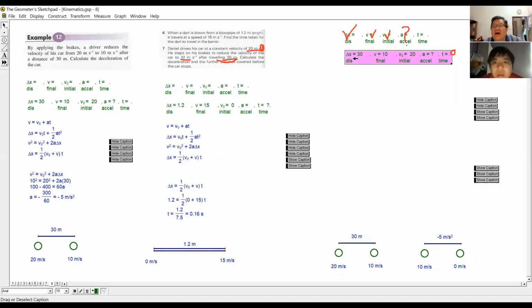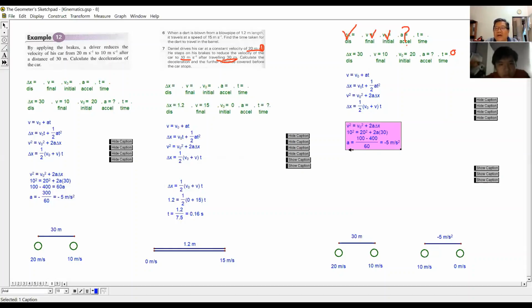Displacement is 30, final velocity 10, initial velocity 20, and what is the acceleration? So we're going to use the third one. Copy down the formula, then fill up with the numbers that you have written down earlier.